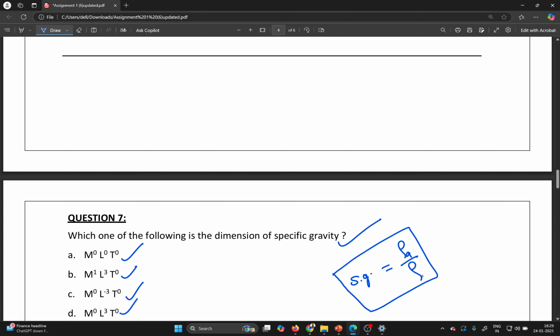So A, B, I want to write here. The unit will be the same, kg per meter cube here and kg per meter cube here. The unit will be cancelled out. So definitely option A will be correct. Remember this always.